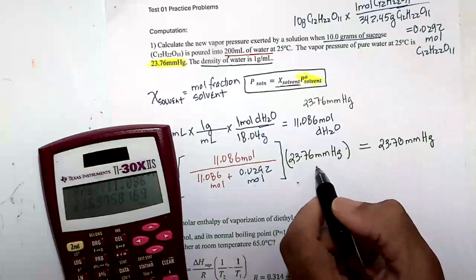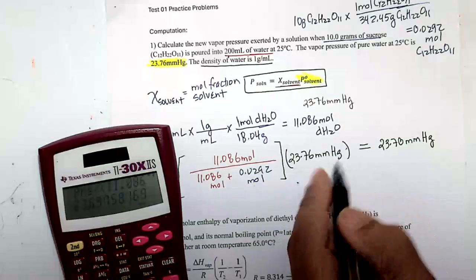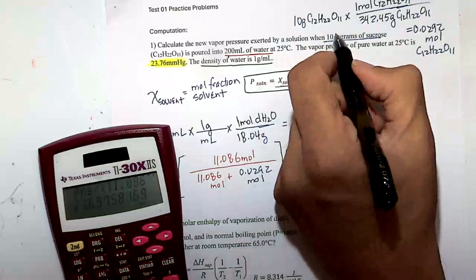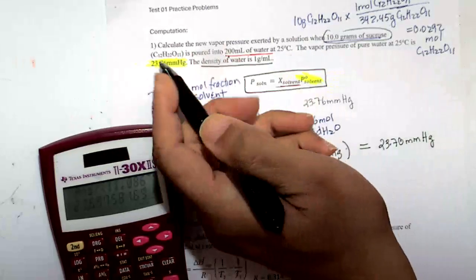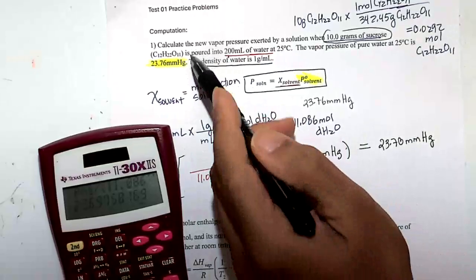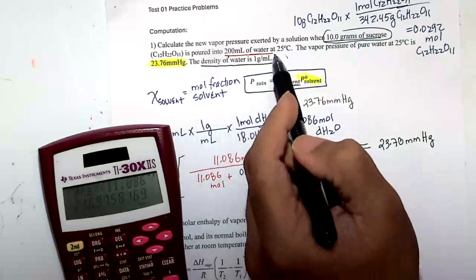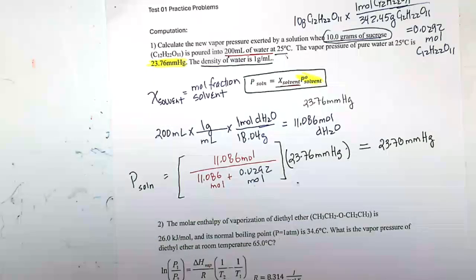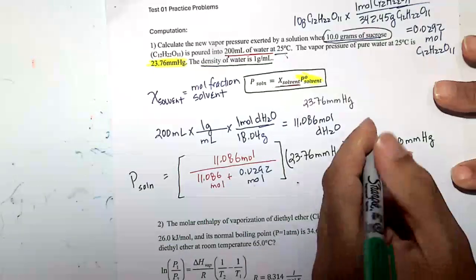It went down from 23.76 to 23.70. But as we know, vapor pressure goes down. By adding 10 grams of sucrose to pure water, the vapor pressure at 25 degrees goes down from 23.76 to 23.70. All right, so this is our answer.